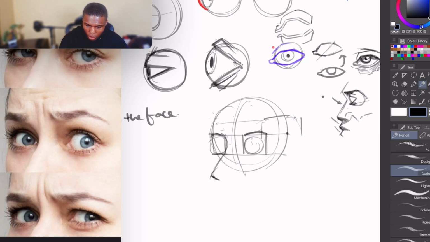The ball isn't going to be like this. No, it's in the skull. So it's going to be like this, and the perspective is affecting how it looks. So this is our socket, and this would be our eyeball. And then you apply the planes on it.